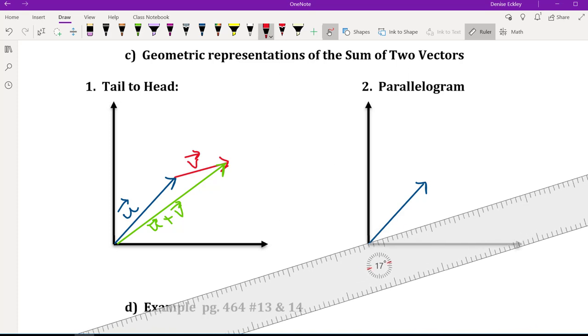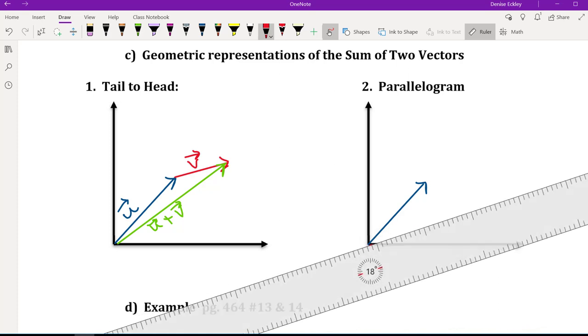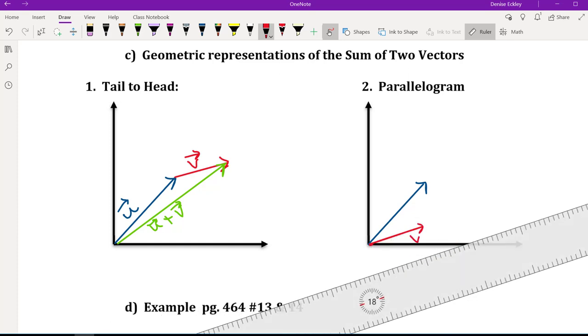Here's V. And then the resultant vector will be from drawing a parallelogram.